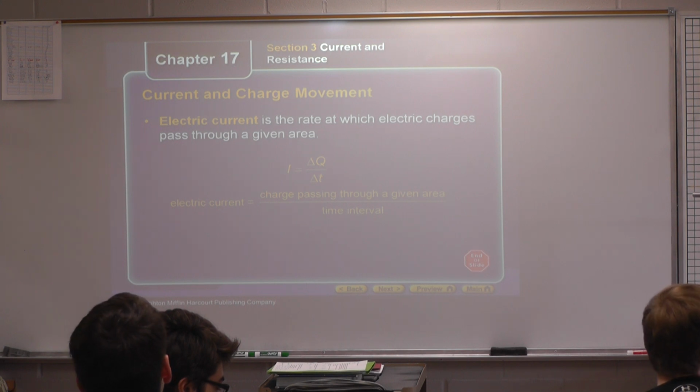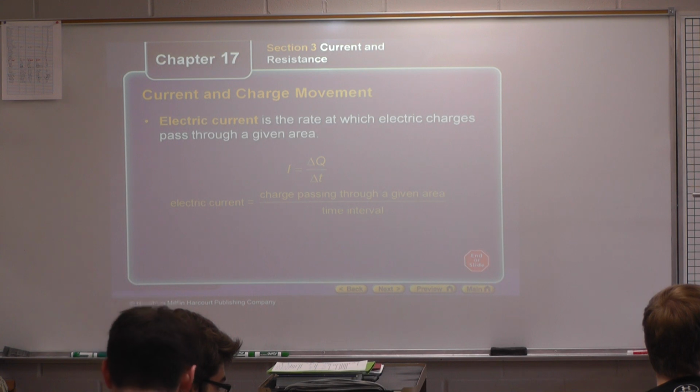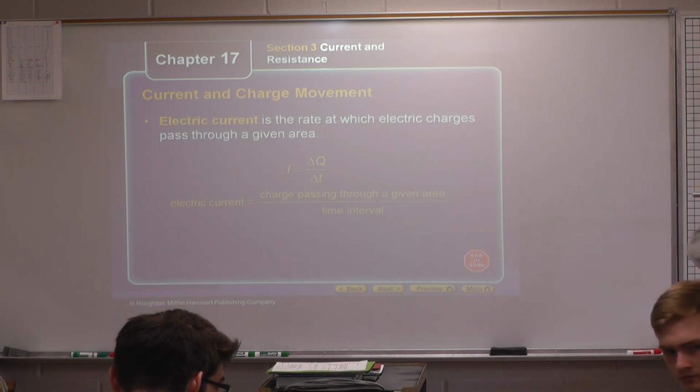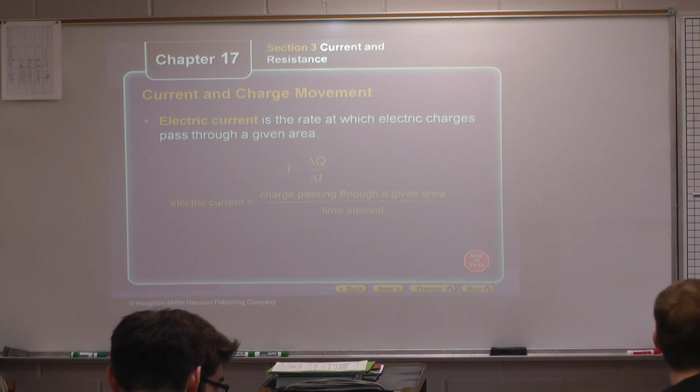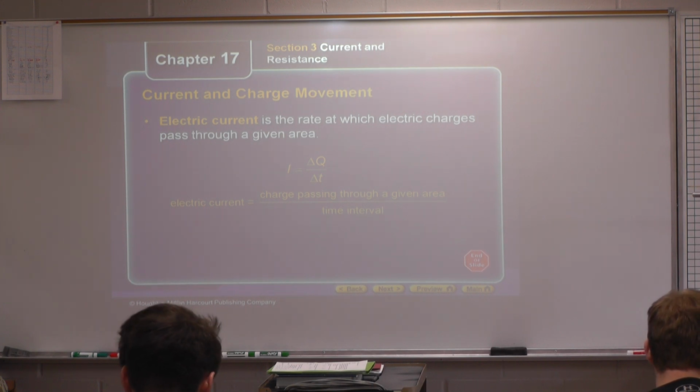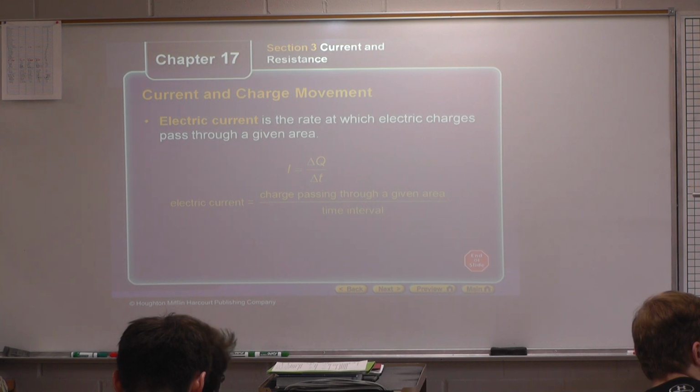Has more power. There's a relationship that we're going to see tomorrow between the current and the voltage output. But before we do Ohm's law, we should figure out what even current is. The more electrons you can flow through, the more current you have, and the more work that can be done by the movement of charged particles.